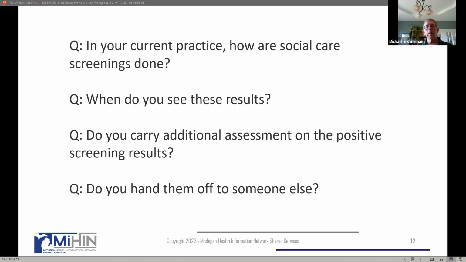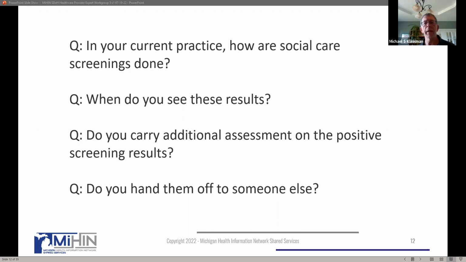So we'll call that a screen and institutional referral strategy. Does anybody have a different strategy in place? Are there folks out there who keep it within their practice with a community health worker as their person to follow up things?